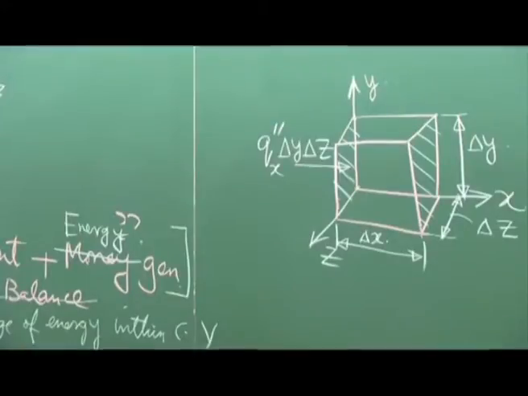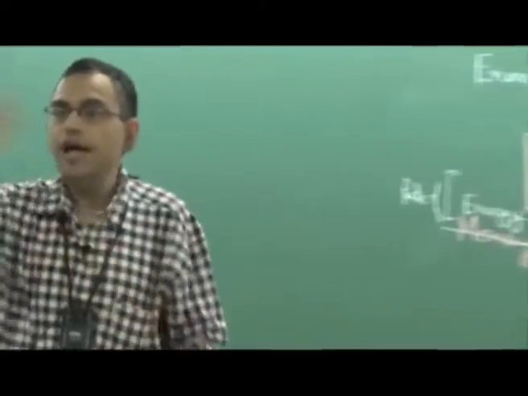We will first investigate what is happening along x, and similar things will happen along y and z. So we have considered 2 faces which have normal along x, then similar 2 faces can be considered which have normal along y, and other 2 faces which have normal along z.